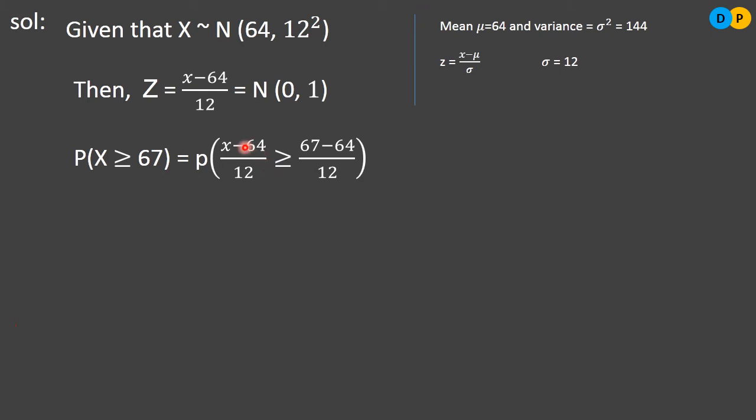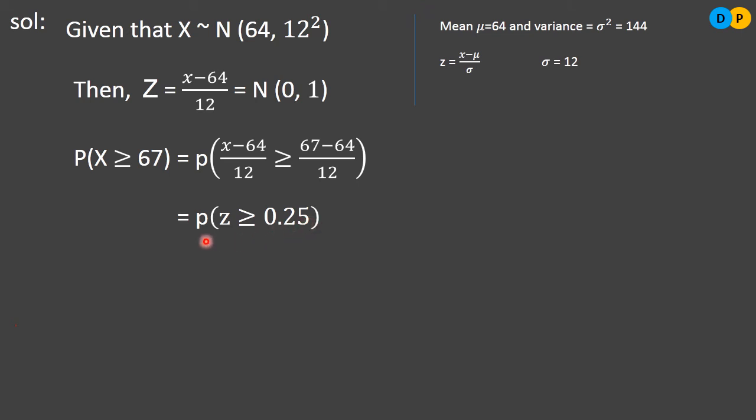So here z greater than or equal to, in the place of x I am replacing with 67, 67 minus 64 by 12. If you simplify this, 67 minus 64 is 3, and 3 divided by 12 is 0.25.